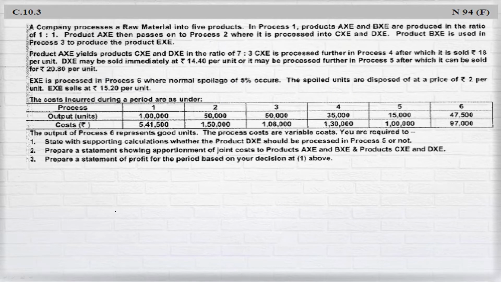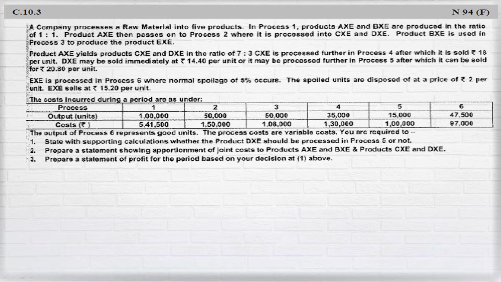We are going to 10.3. A company processes a raw material into 5 products. In process 1, product AXC and BXC are produced in the ratio of 1:1.